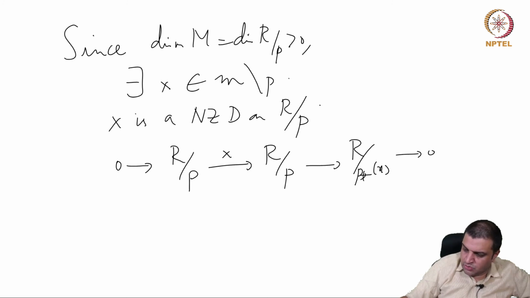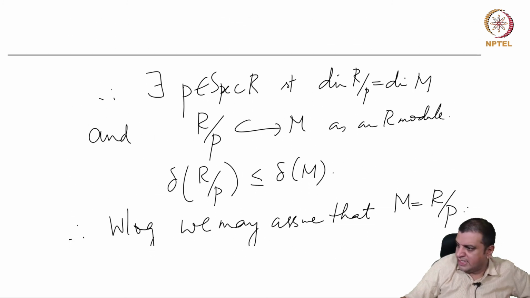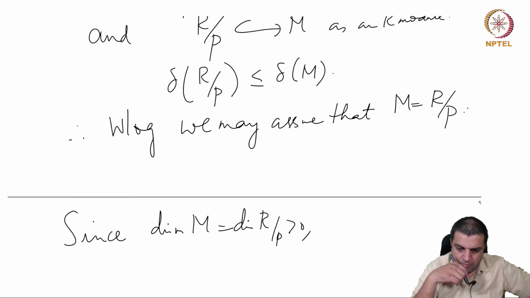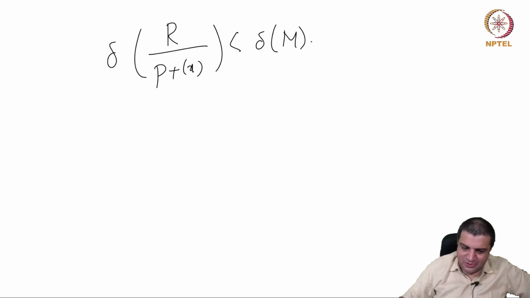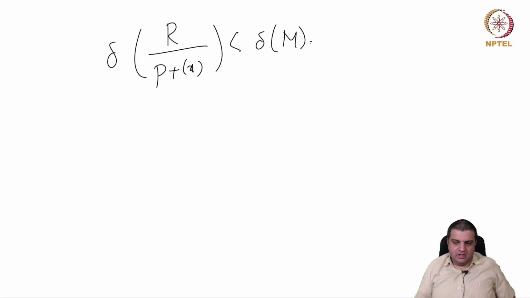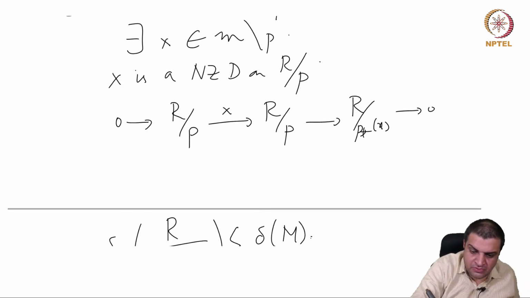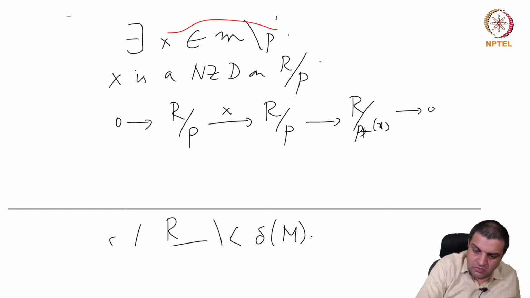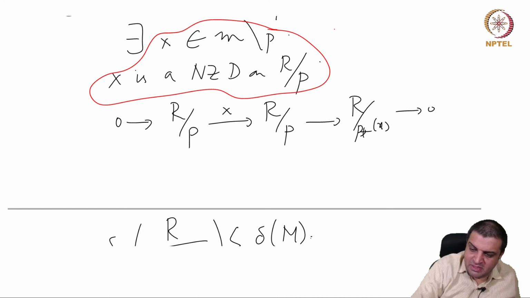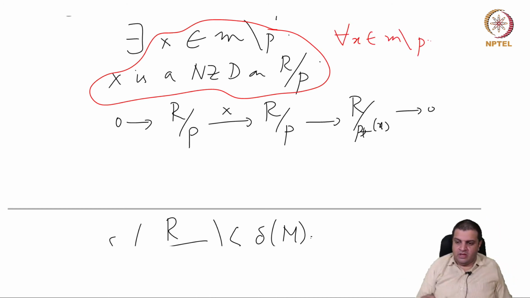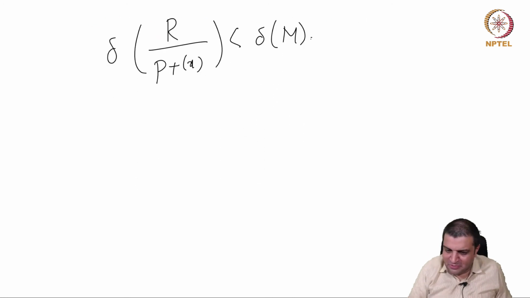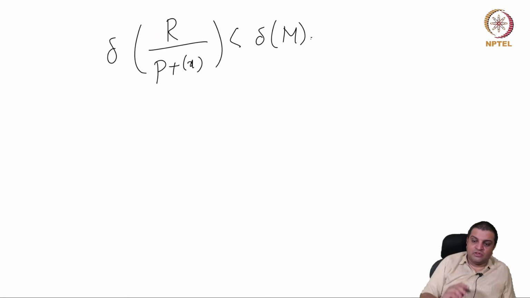Let me emphasize that this is true not just for there exists an x, but for all x in M but not in P. So we have to use an induction hypothesis; this is how we will use it.